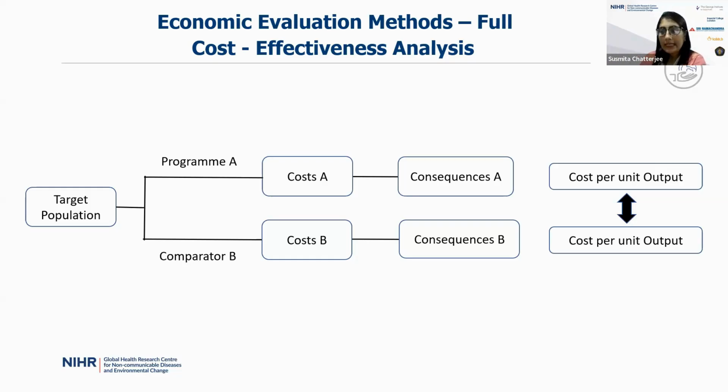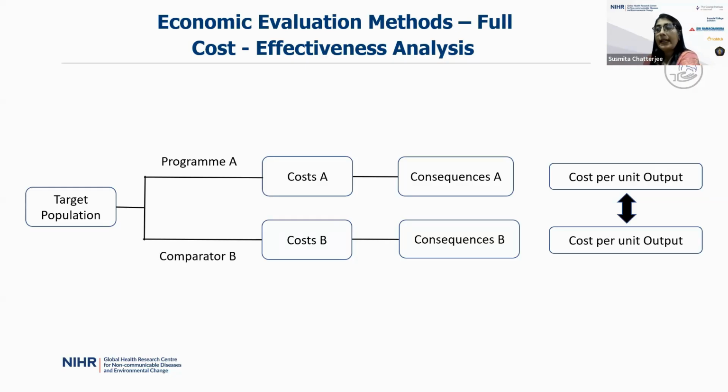In this case, I expected that if I give the COVID-19 vaccine, the mortality rate because of COVID-19 will reduce, and the hospitalization rate will reduce. That means if I continue with the treatment, I will get a certain number of deaths and hospitalizations. But my expectation is that if I do the COVID-19 vaccine, I will get a lesser number of deaths and hospitalizations. But both of these have a cost associated with them.